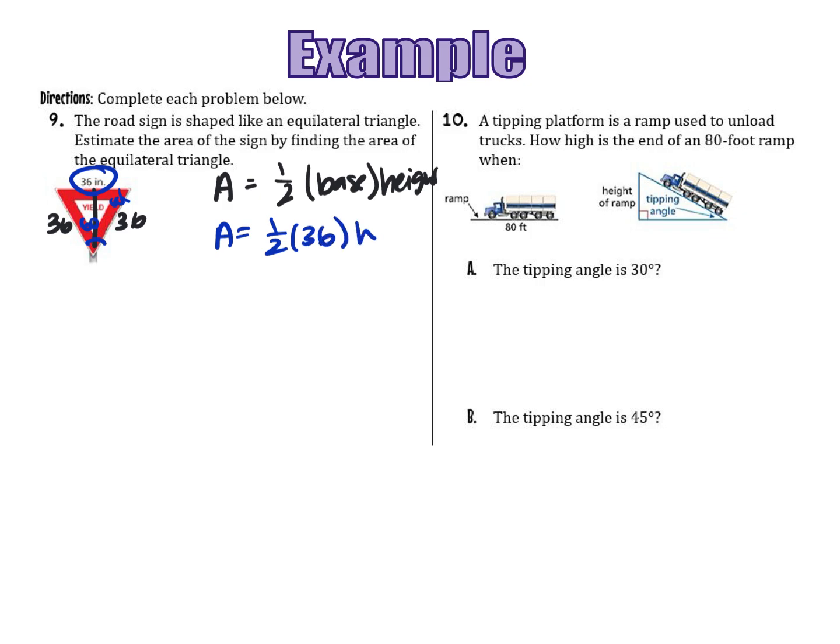So what we need to find is the height. We need to find this length here. So let me see what happens. I'm going to just redraw this triangle. There we go. If I redraw this triangle, I actually have a special right triangle. This angle would be 60 degrees. The hypotenuse we know is 36.